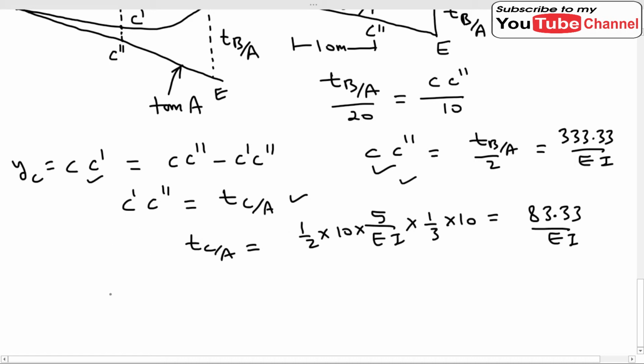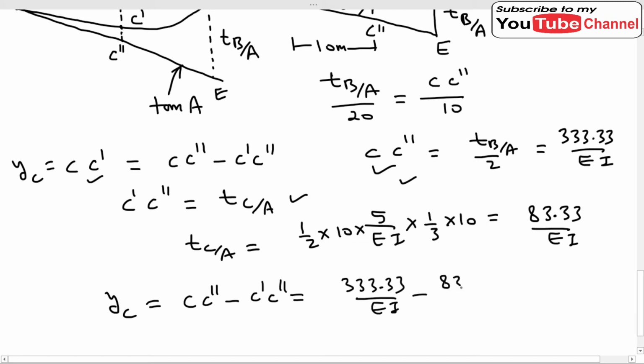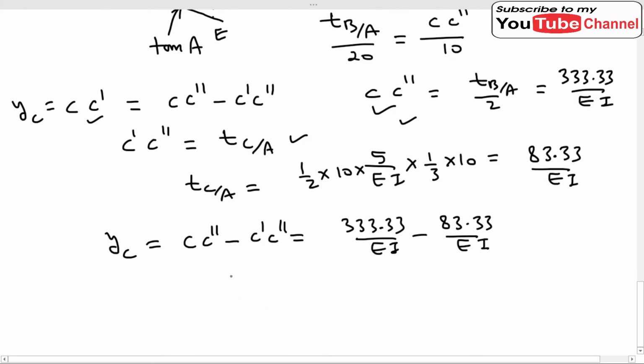Now we have found out the value of CC double dash and the value of TC over A. We will just put these two values in the equation. The basic equation is: CC dash will be equal to 333.33 upon EI minus 83.33 upon EI, which is approximately equal to 249.99 upon EI. Let us understand again.